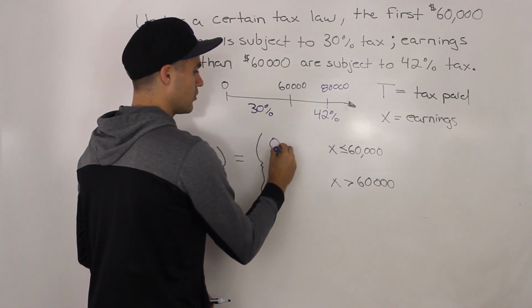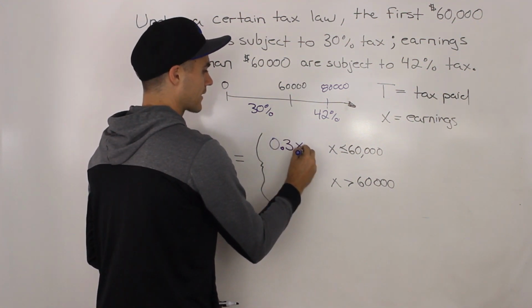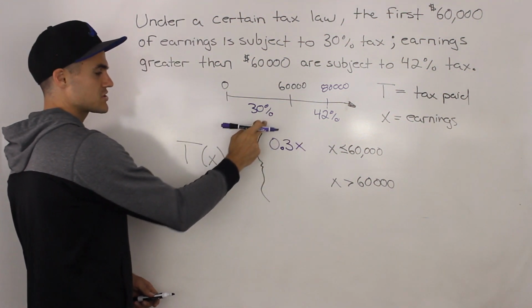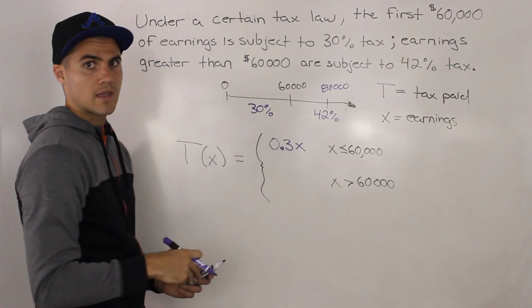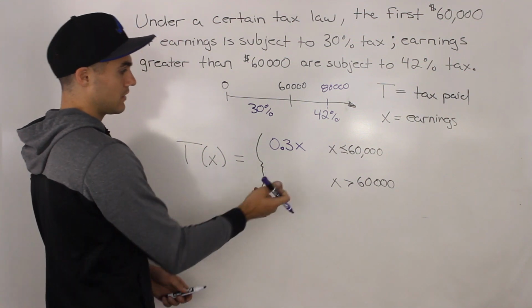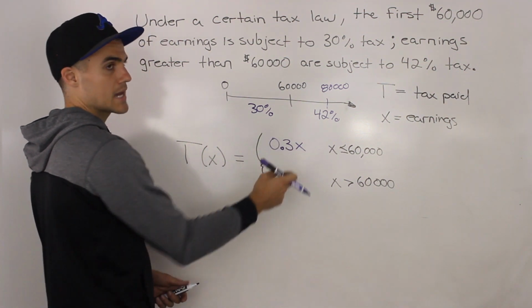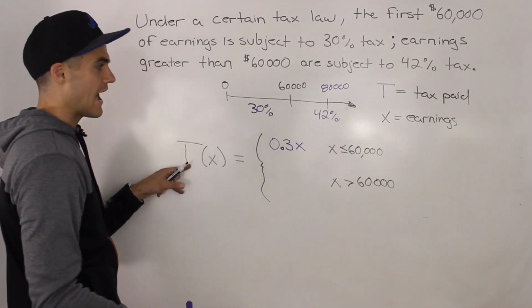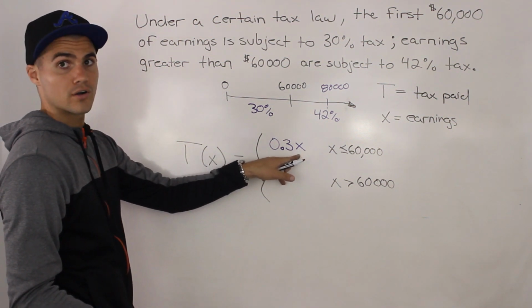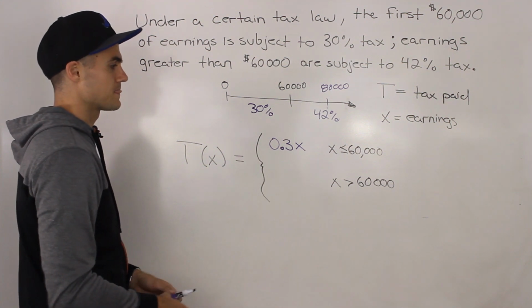So it would just be 0.3x. Remember, you got to change this percentage into a decimal. So 0.3x. So again, if you're making $40,000, if we plug in 40,000 for the x, 0.3 times 40,000 gives us 12,000. So that would be the tax if our earnings was $40,000.